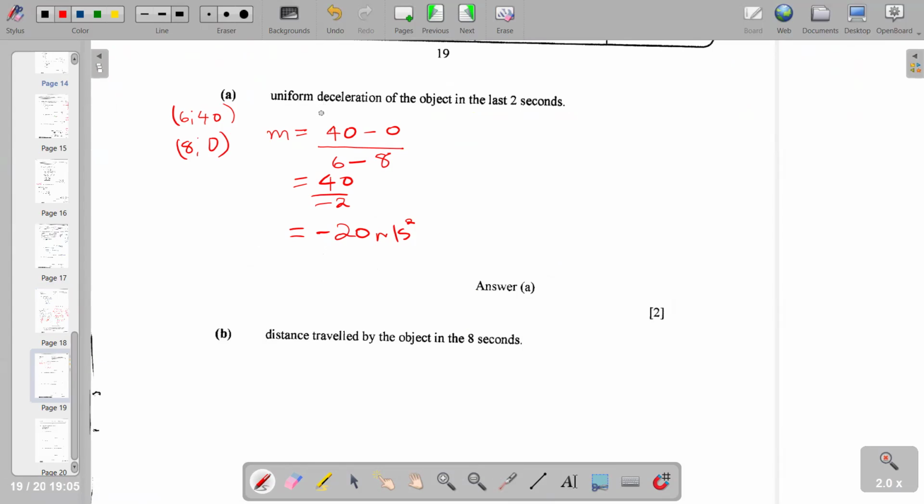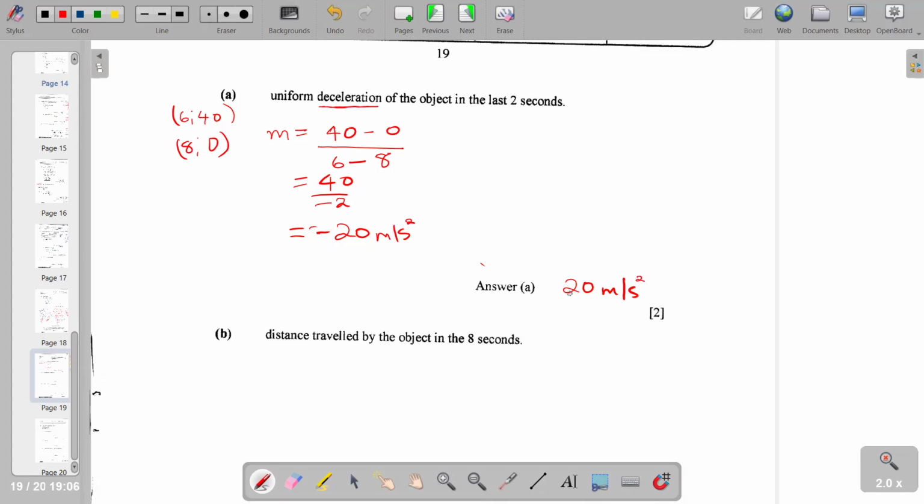If it was decelerating, we are talking of negative acceleration, meaning if they had asked us to calculate acceleration, in our final answer we must include the negative. But in this case, they said deceleration, meaning the negative is already implied in the word deceleration. So your final answer: deceleration is equal to 20 meters per second squared.